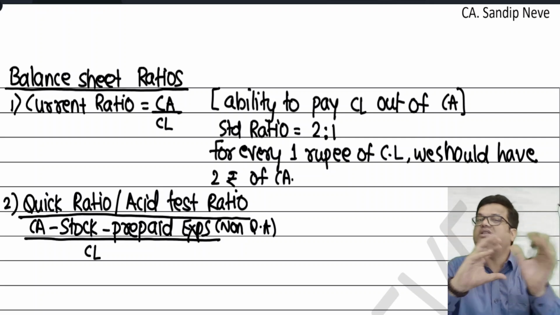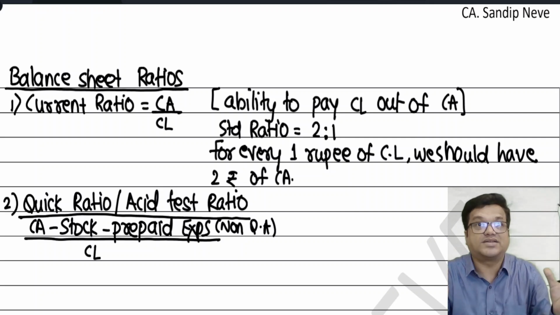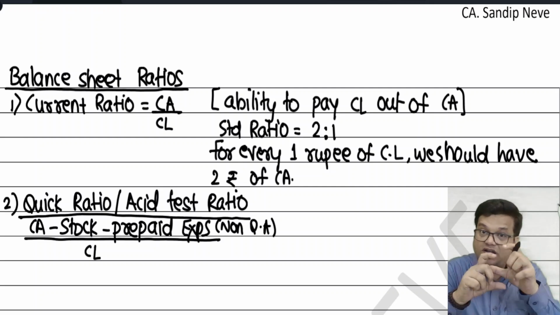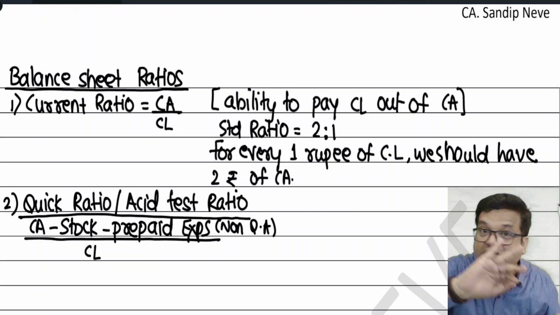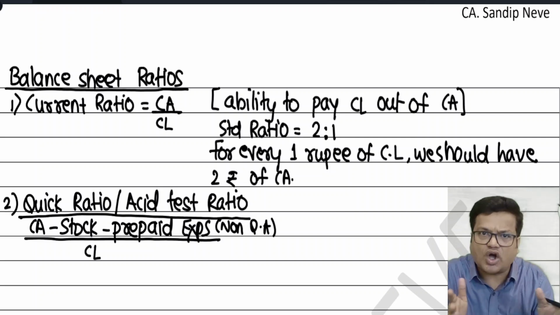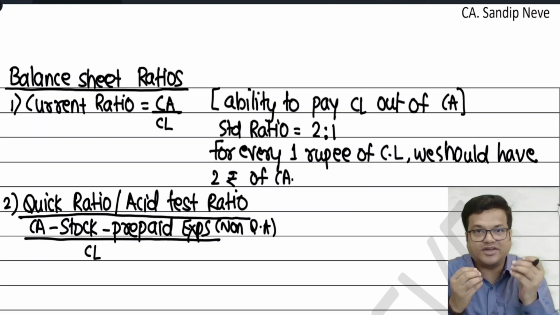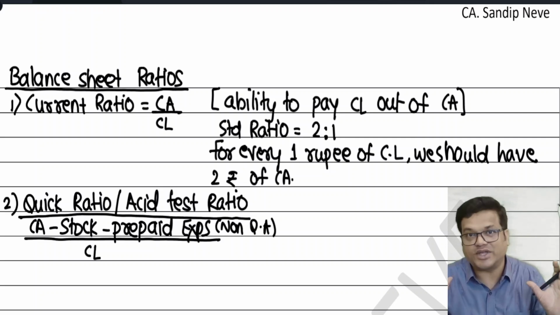Current ratio is a general comparison of how well you maintain your current assets so that you can pay current liabilities out of them. But the quick ratio is a little more stringent comparison. You keep aside stock and prepaid expenses. Your stock will take some time to get converted into cash. And dear friends, understand that prepaid expenses you can never get converted into cash.